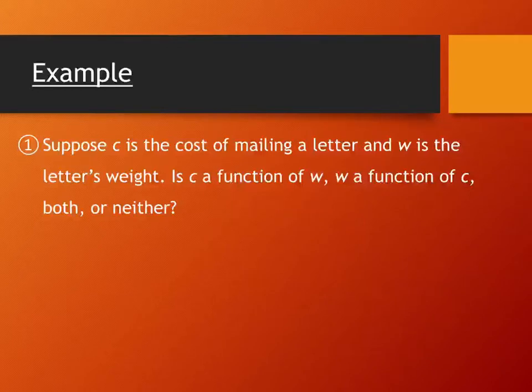So I want you to imagine two different things. We'll first start with the question of whether or not your cost, and it's cost and weight, right? So when you take the letter in, and let's say that Tori has a letter that has one piece of paper inside, okay? So it's got one weight, right? One weight, one piece of paper. And Aspen takes hers in, and hers has two pieces of paper inside. Maybe it's a piece of paper and a check, like for a bill you're sending off or whatever.